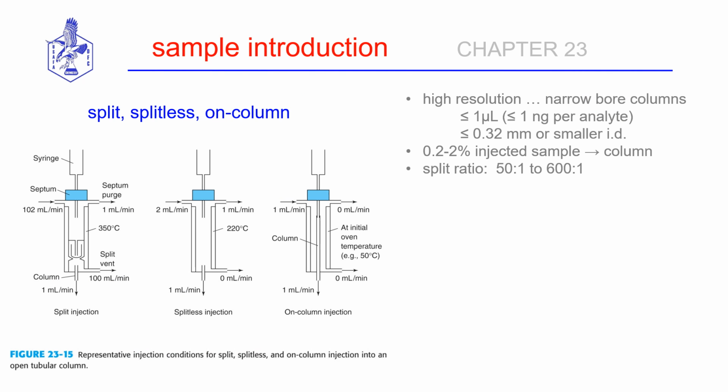So with the injection port and the computer control of that injection port, you have to alert the instrument as to whether you're going to run the analysis split, splitless, or on column.